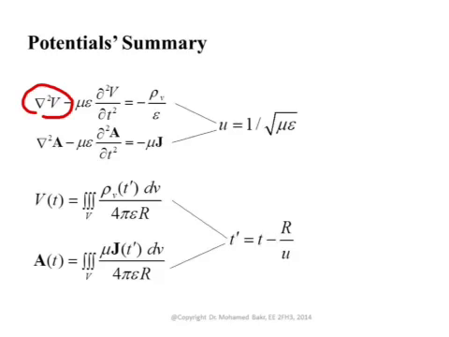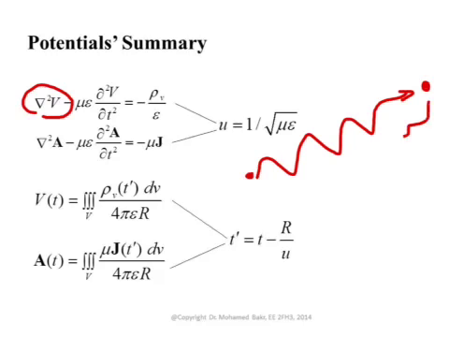And now this solution is a little bit different from the one that we have seen earlier. Because I'm saying here that the electric potential at time t is obtained from the charge at a previous time t dash. And the reason is that every V now is a wave. If you make a certain perturbation in space at one point, it will take some time for this perturbation to change the potential at another point.